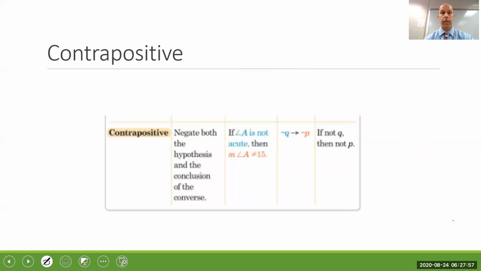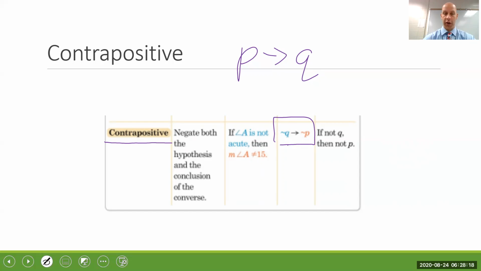And last but not least, we have something called the contrapositive. Again, remember, we're starting with our base conditional P arrow Q. Here we are going to converse them, but we're also going to negate them. So we take the P and the Q and we switch them around and we negate them.